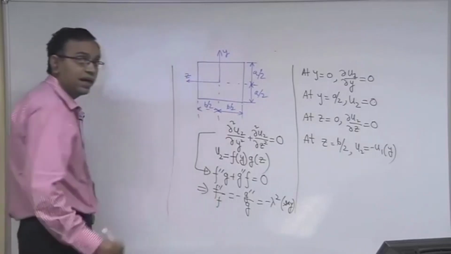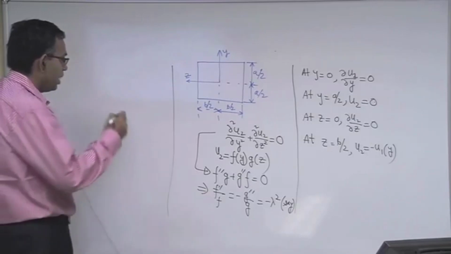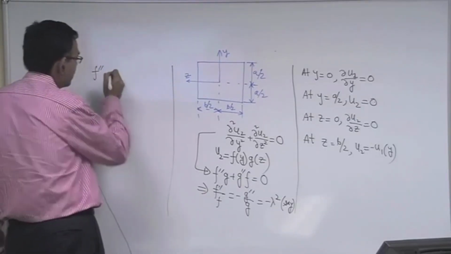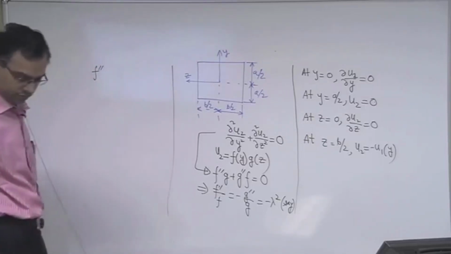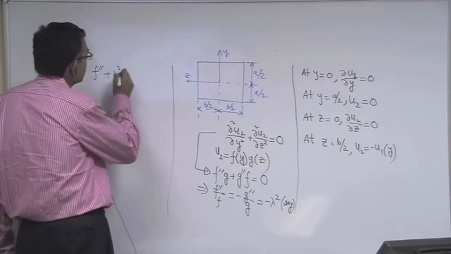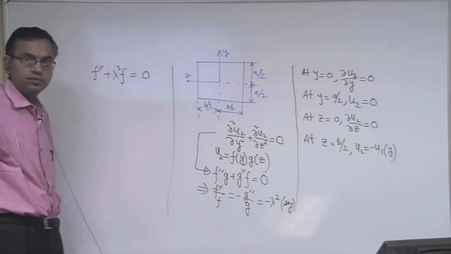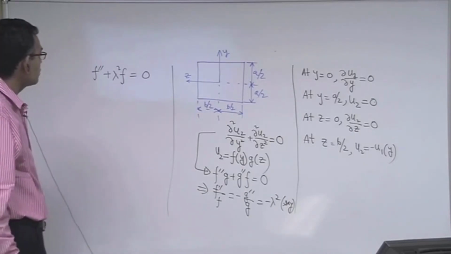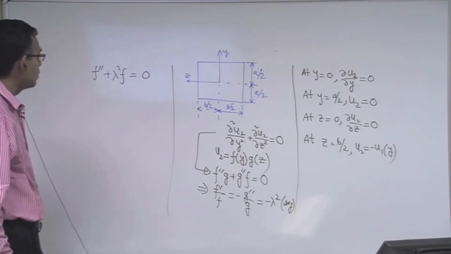Then you have one equation: f double dash plus lambda square f is equal to 0.